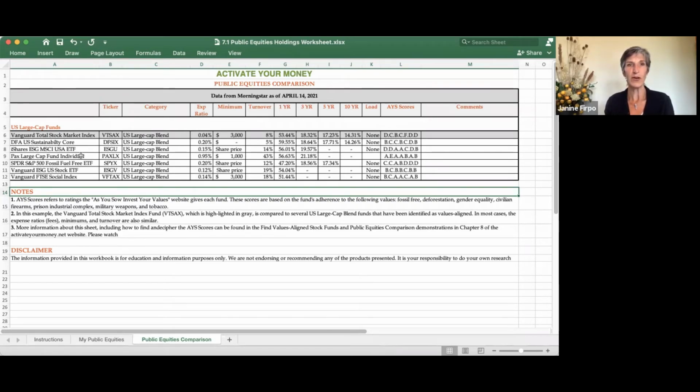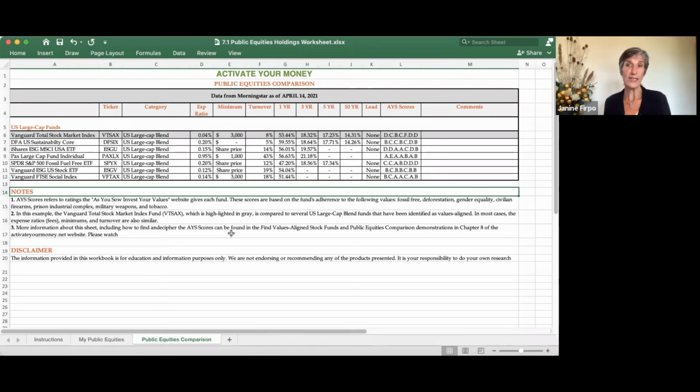Whereas others may go for something like PAX and be willing to pay that higher fee because they feel that they're getting an outsized value return and they're still doing very well on the financial side. And there are also other funds like the ESG US Stock Fund ETF that we looked at earlier that is also in a 1-year situation outperforming the VTSAX, and again with a relatively low fee.